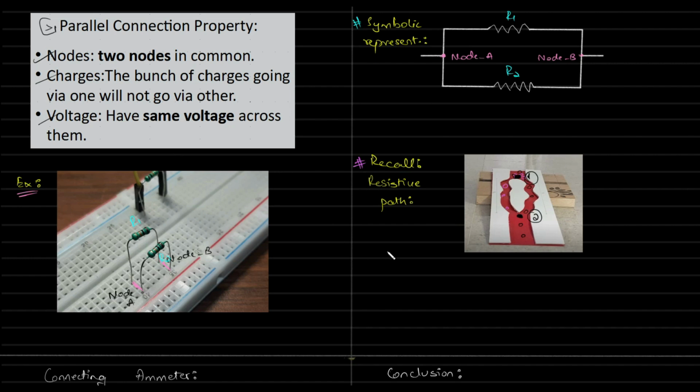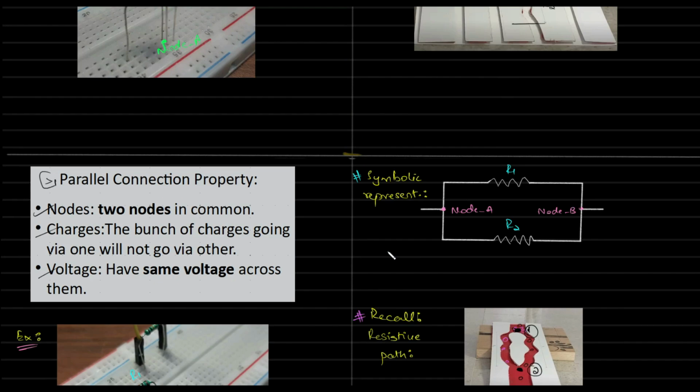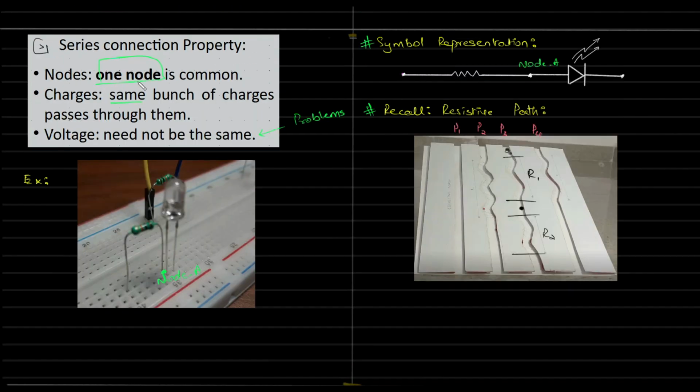Voltage is something that we'll understand with the help of numericals. Okay. So to recap, series connection, one node; parallel connection, two nodes. Charges, the same bunch of charges in series; in parallel, it is an altogether different bunch of charges. Voltage, we won't talk about till we do numericals. So pause and you can make a note of all of this.